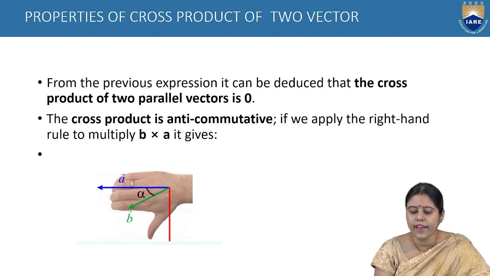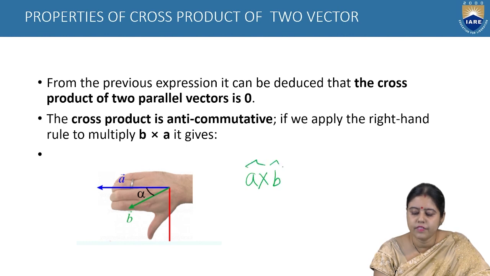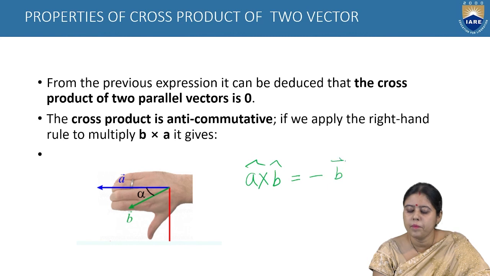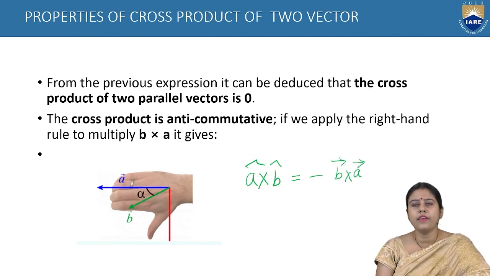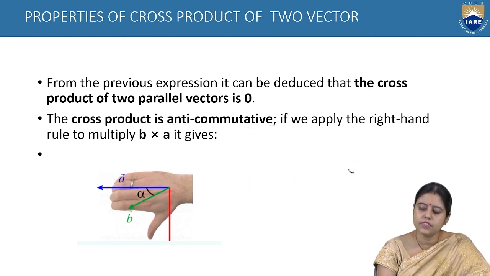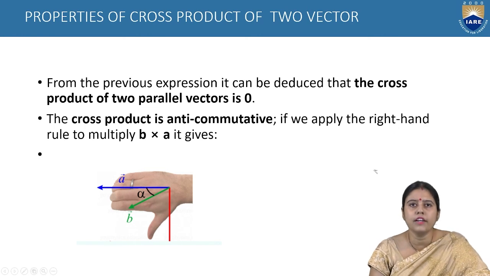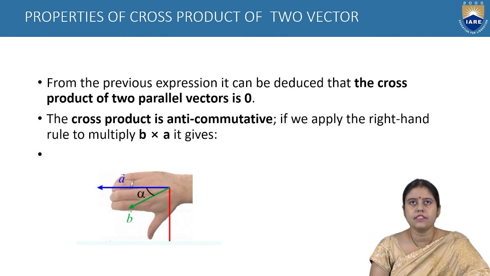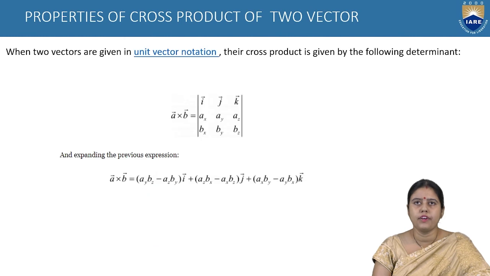So we can write A cross B equals minus of B cross A. So A cross B is not equal to B cross A. That's why it is called the anti-commutative law. This is another important characteristic or property of the cross product.